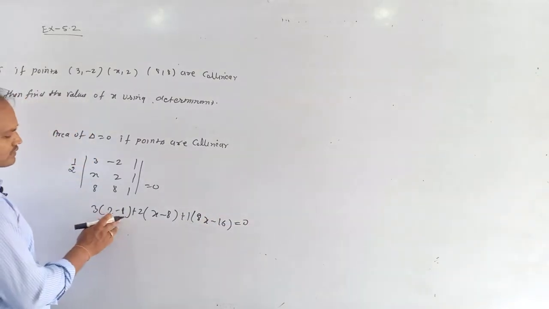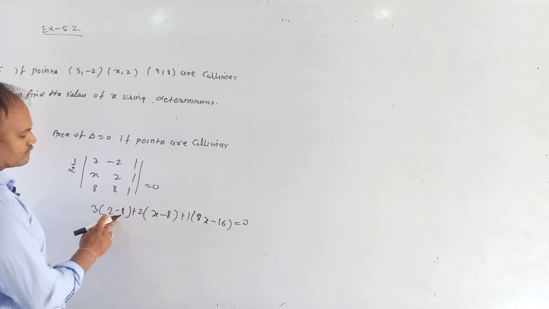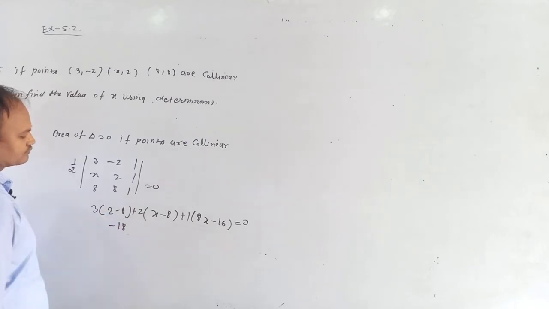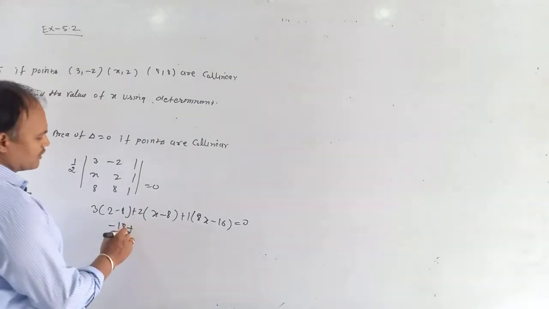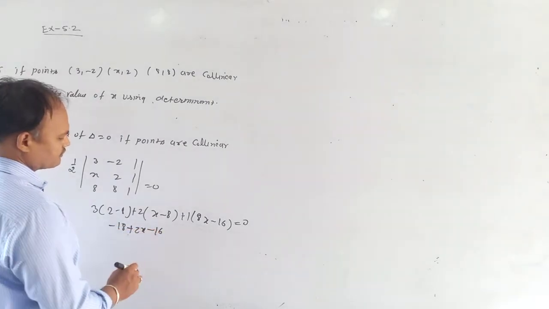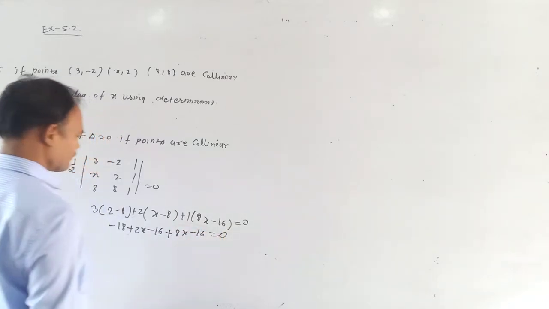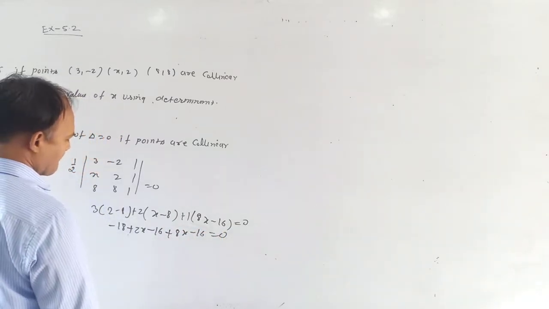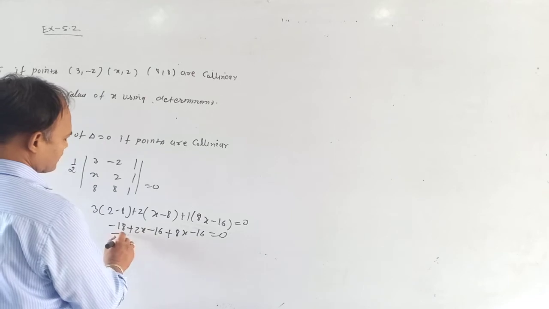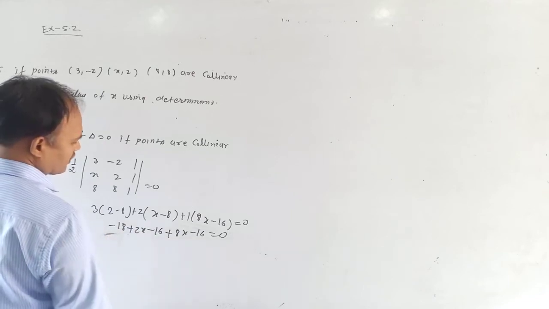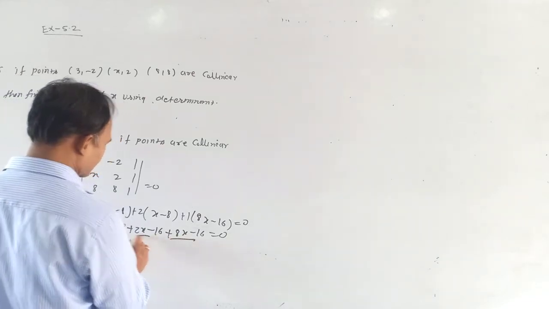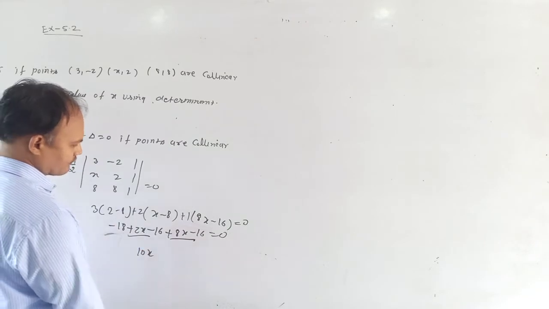So it is 6 minus 18 plus 2x minus 16 plus 8x minus 16 equals 0. It is minus 18, it is 8x and 2x, so it is 10x.